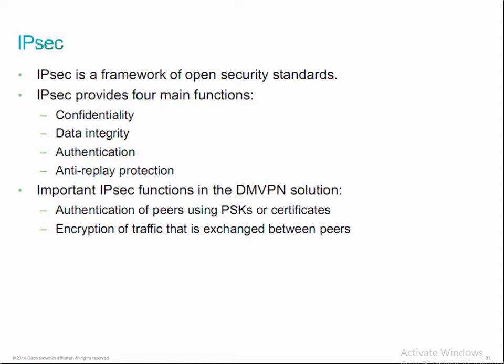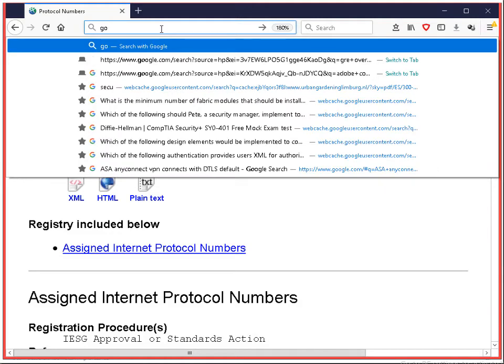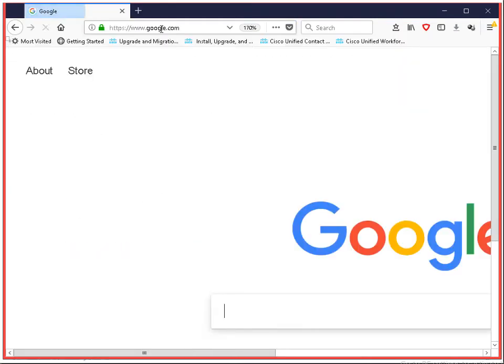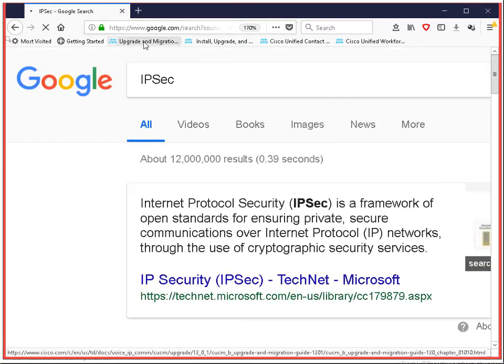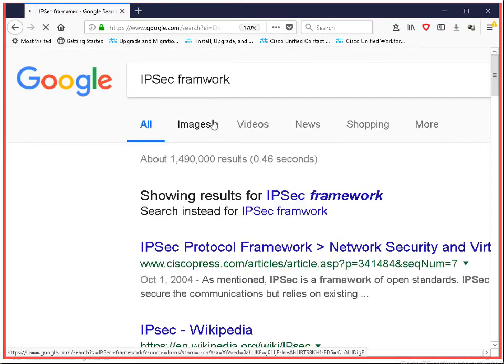IPsec is a framework of protocols, and really the easiest way to define IPsec is to take a look at what that framework looks like. It's a building block of a whole suite of protocols. Let me pull up the IPsec framework diagram I want to show you.